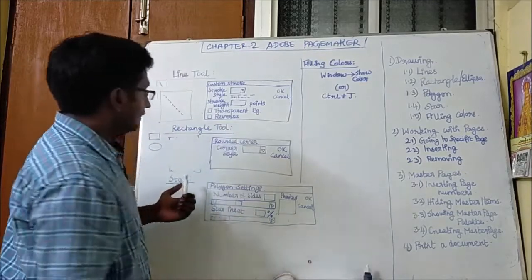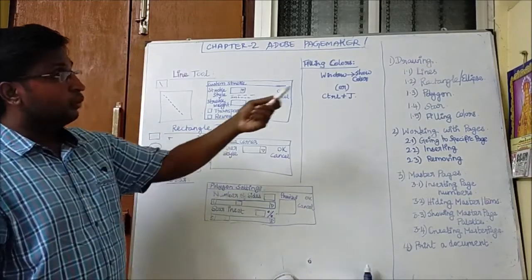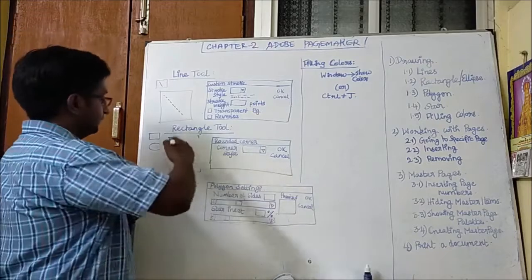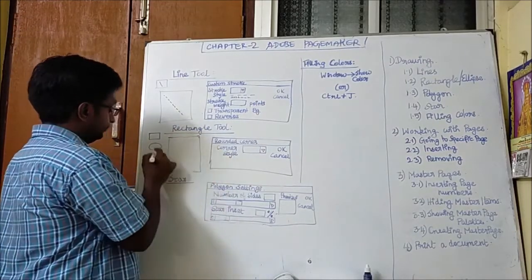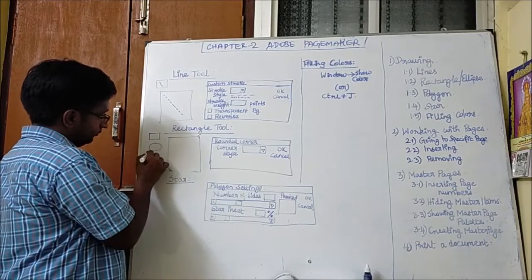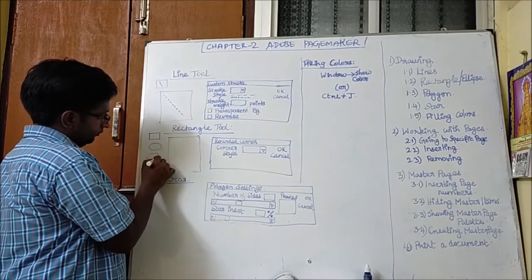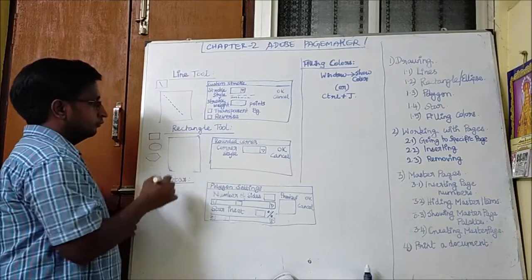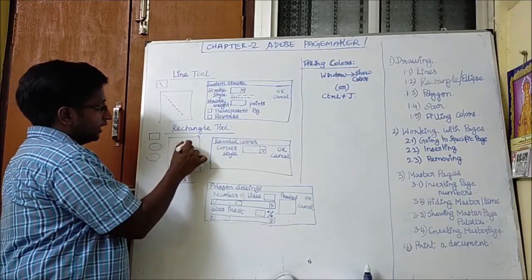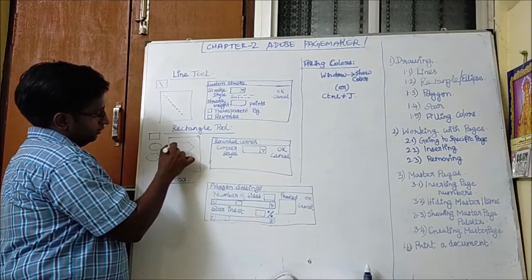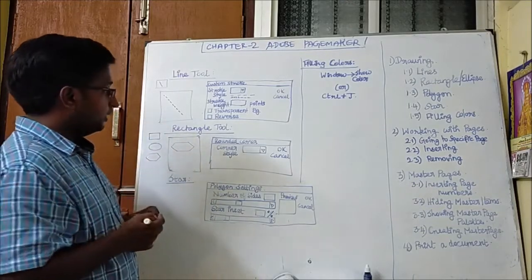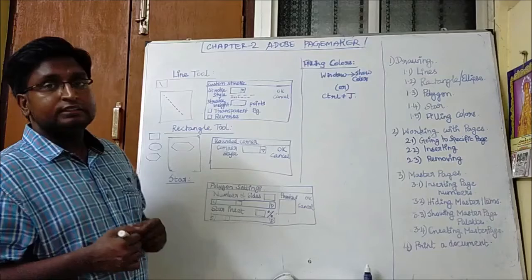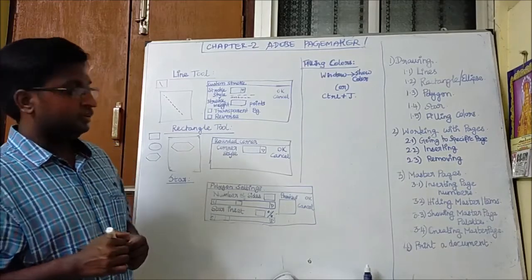Similarly, we can also draw a polygon, with the same procedure. Initially it will have 6 sides. We can change the number of sides of the polygon.